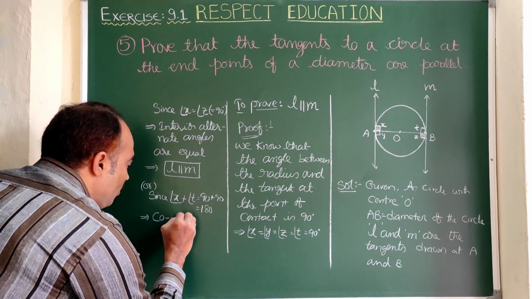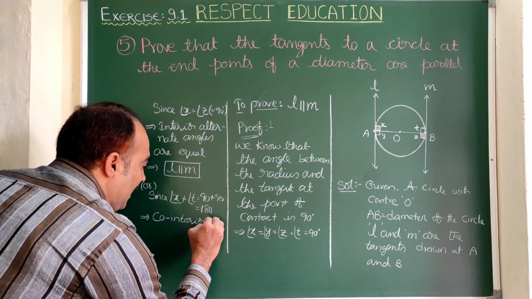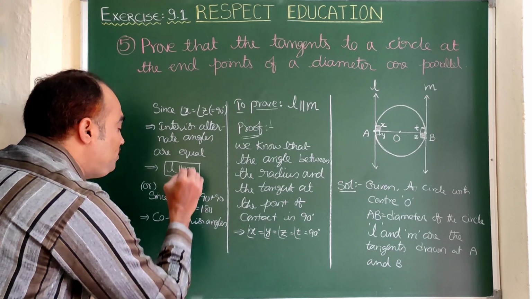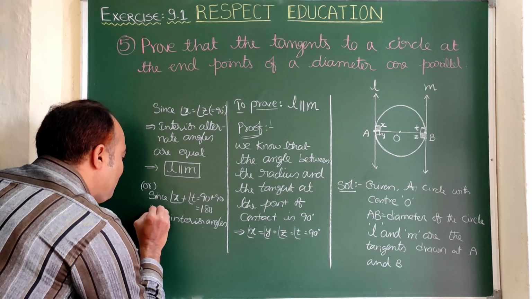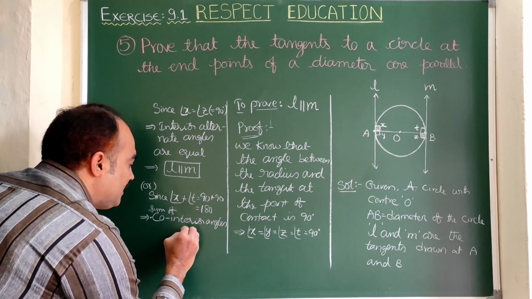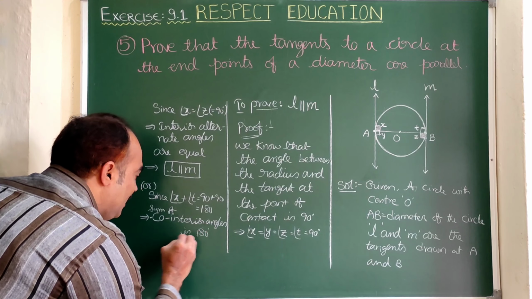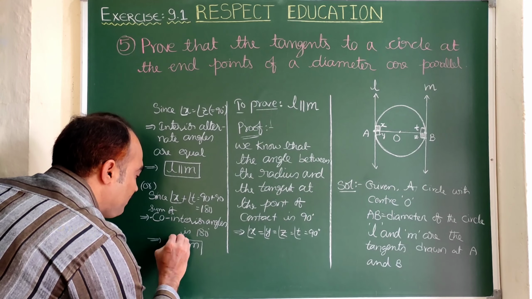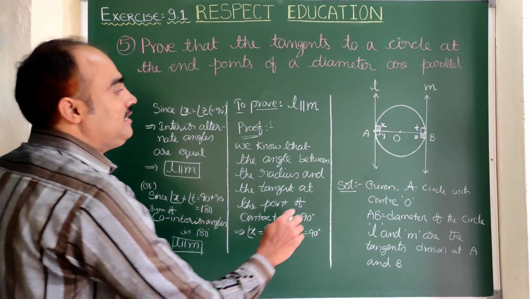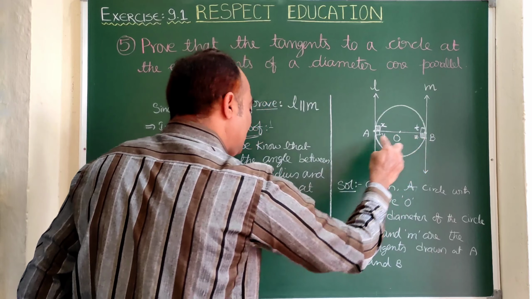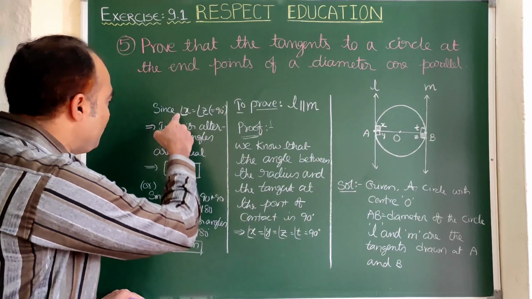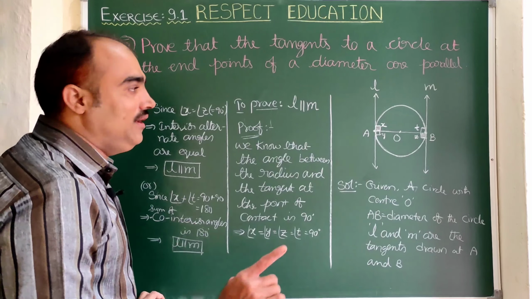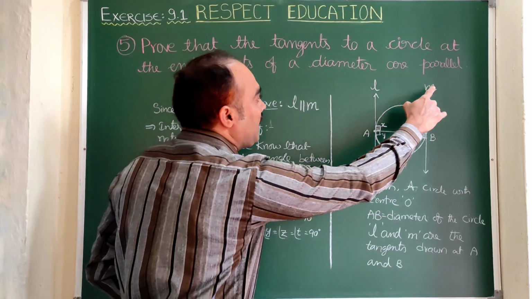Therefore, the sum of co-interior angles is 180. Based on that we can say L is parallel to M also. In the same way we can say even Y plus Z is also 180, for the same reason. So either you can use one or the other. By using any one of them, we can say clearly that L is parallel to M.